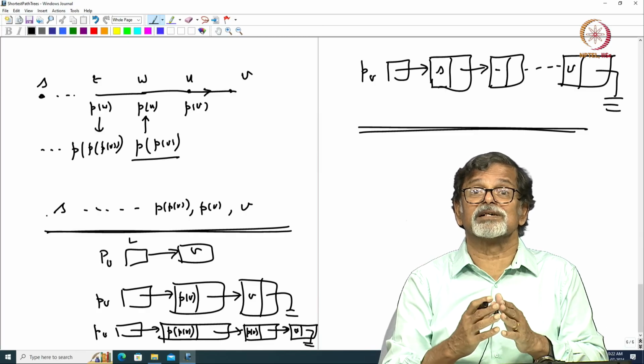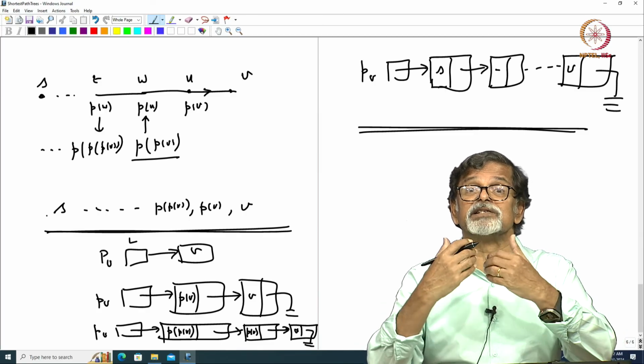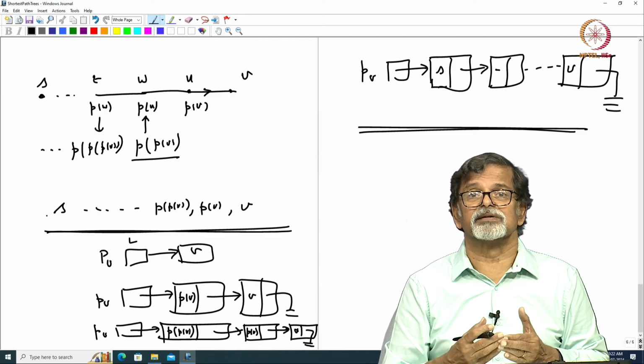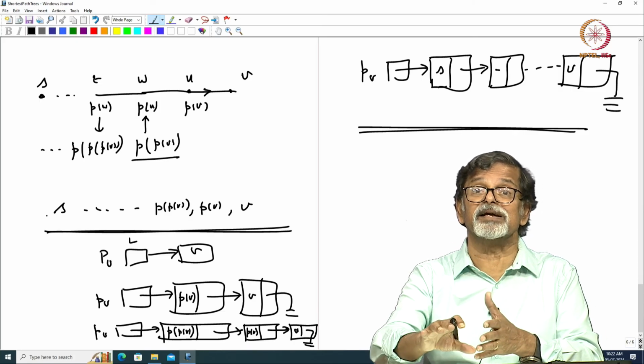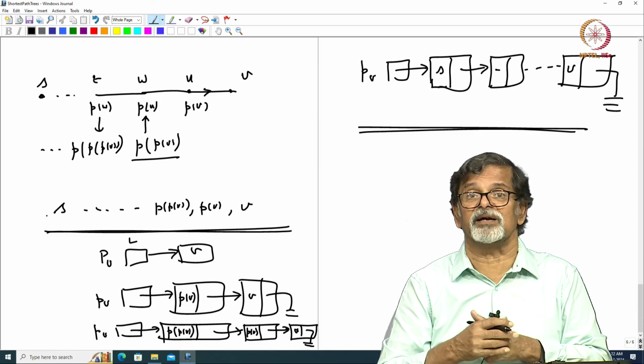Therefore, paths are not explicitly output, paths are implicitly output through P array.